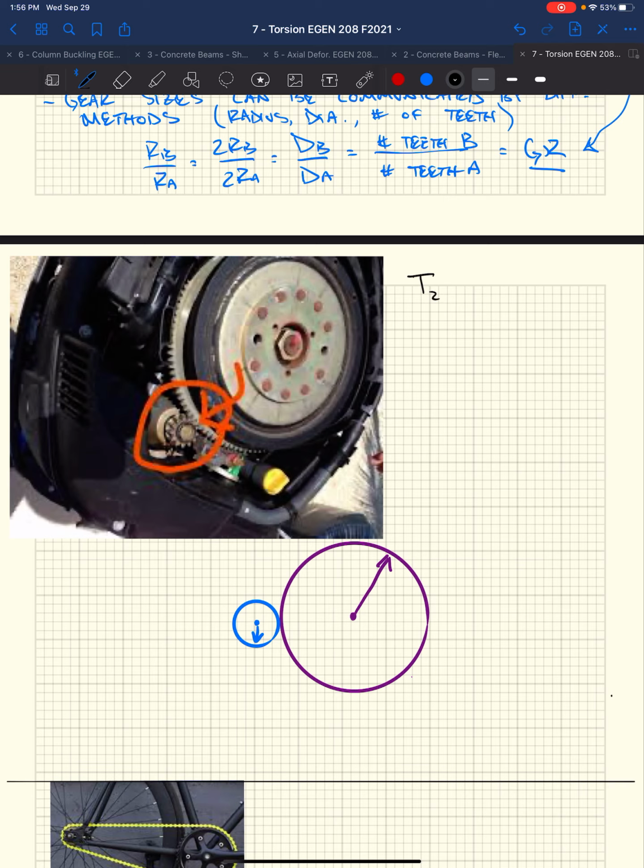So we found out from before, with this setup, we've got T2 equals minus T1 R sub B over R sub A. If this was A, our starter gear, this is B, our flywheel.